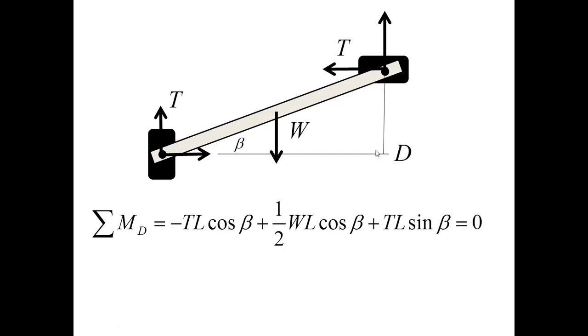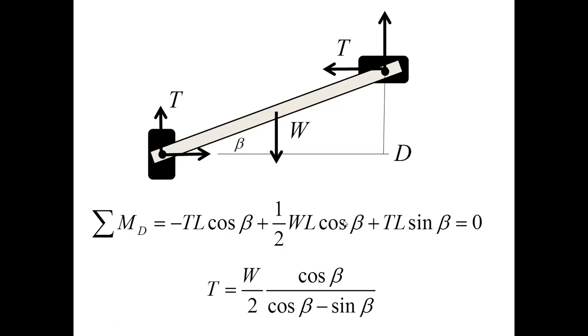For W, the moment is counterclockwise, and the arm is half of what it is for this T. Finally, for this force T, the arm is L sin beta, and the moment is counterclockwise, and we obtain this equation, which allows us to calculate T in terms of W and beta. Now we are done with equilibrium equations, but we still need to find the angle beta.